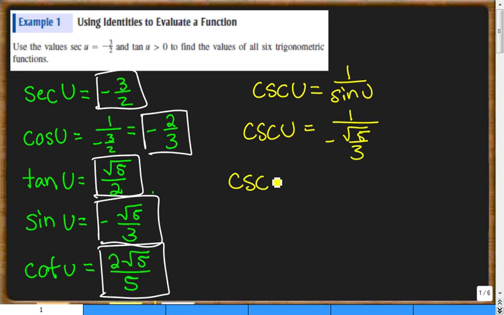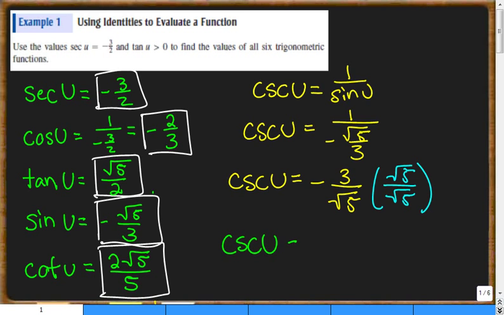So we get the cosecant of u to be, just like the other problem, we'll flip it and multiply. We'll get negative 3 over the square root of 5, which we have to rationalize again. And we're going to end up with the cosecant of u equaling negative 3 times the square root of 5/5.